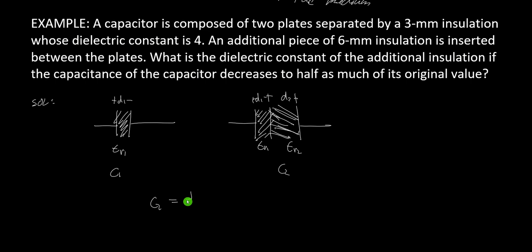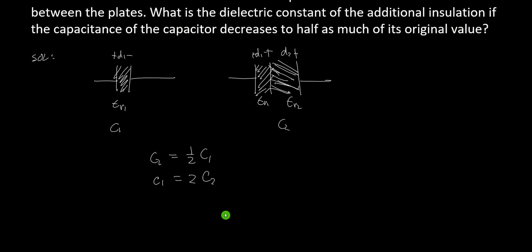So C2 will be 1/2 of C1, or C1 is just twice C2. And what is C1? What is C2? We can solve that. C1 is epsilon naught, epsilon R1, the same area, all over the distance D1. For C2, we have epsilon naught, epsilon R2, still the same area, and a distance D2.